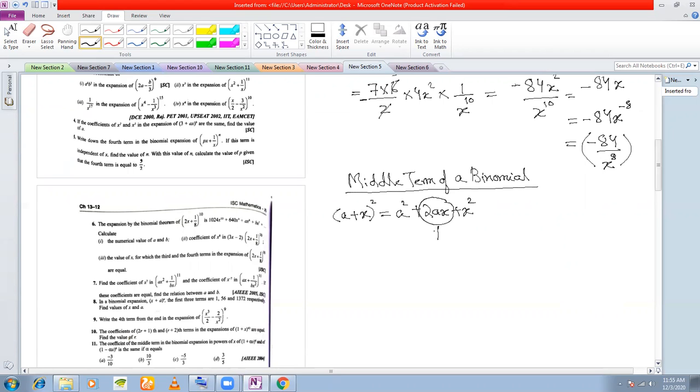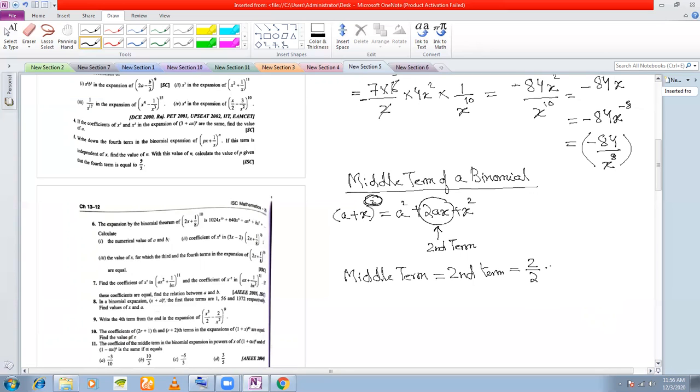What is the middle term here? This is the second term. Okay, so the middle term here is the second term. And how are we getting this second term? If I want to write this in terms of this, then the second term of this binomial is equal to 2 by 2 plus 1, because the power here is 2.